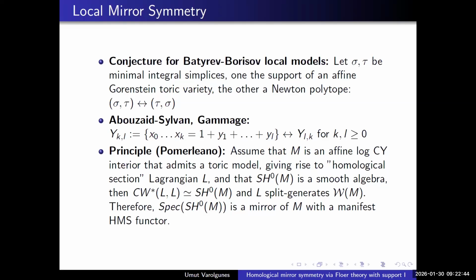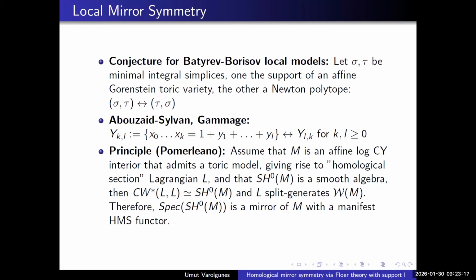So in this principle, when do I expect local mirror symmetry to hold? Well, you start with an affine log Calabi-Yau interior, some log Calabi-Yau whose boundary supports an ample divisor, so the complement is affine. So it gives me a Liouville manifold, and it should admit a toric model. Dan's condition is weaker, but I don't know how to get that condition without assuming a toric model.